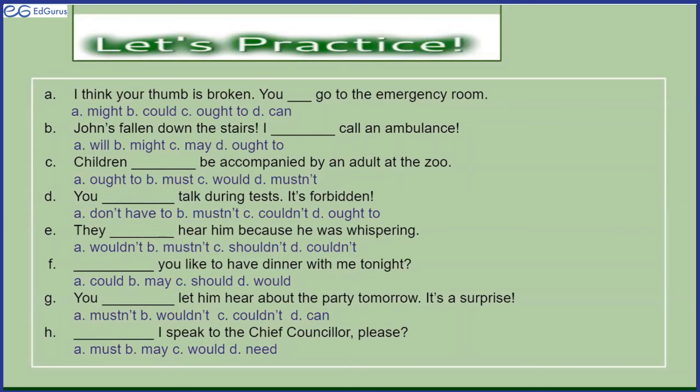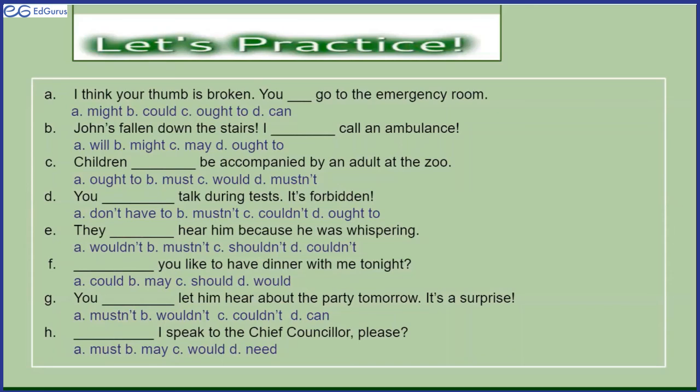Okay. Children dash be accompanied by an adult at the zoo. Ought to and must. Must, not ought to here. Why must? Because it is compulsory. It is compulsory that they are escorted by adults. They cannot go to the zoo alone. Right?